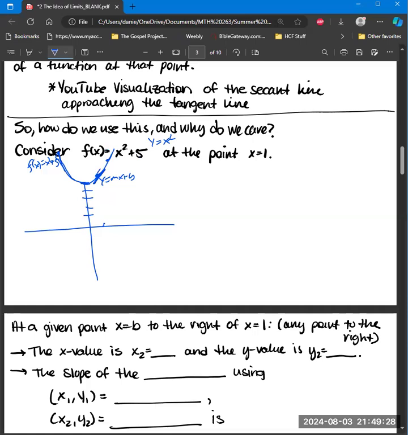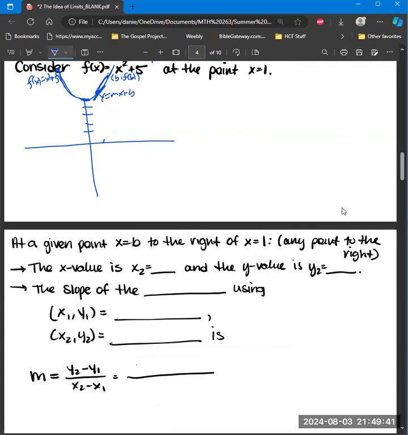So we're going to pick a somewhat close point there, that's going to be b, f of b, like that. So the x value to the right of x equals 1, any point to the right. So that x2 is going to be b, and the y value will be f of b.